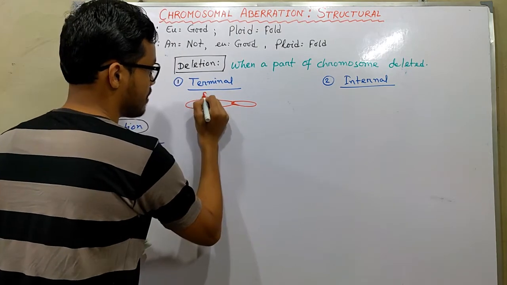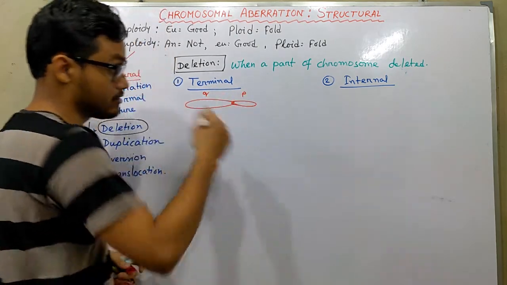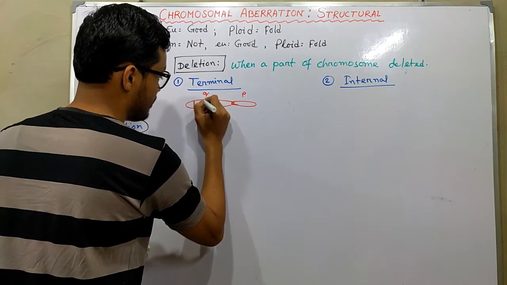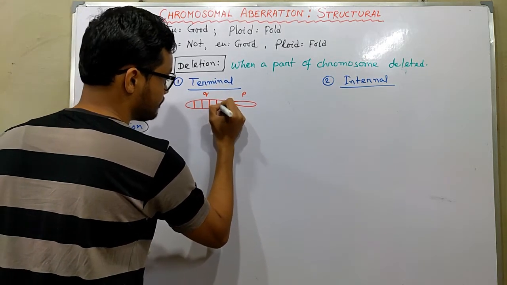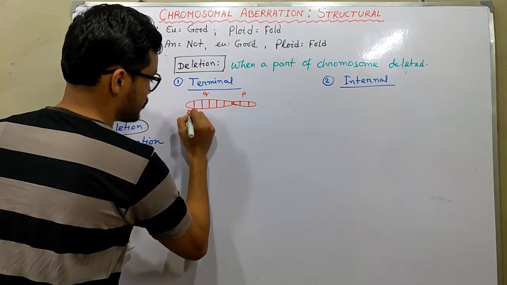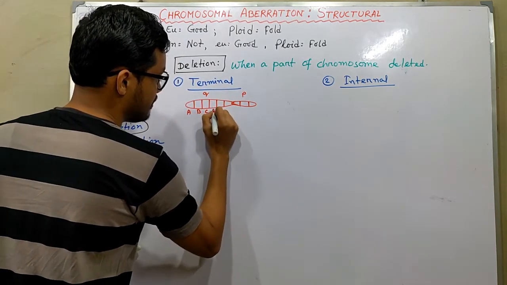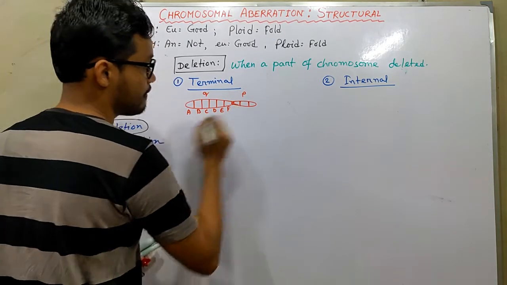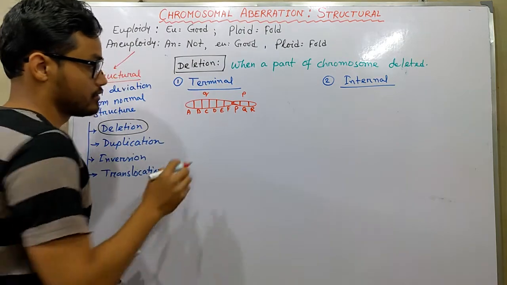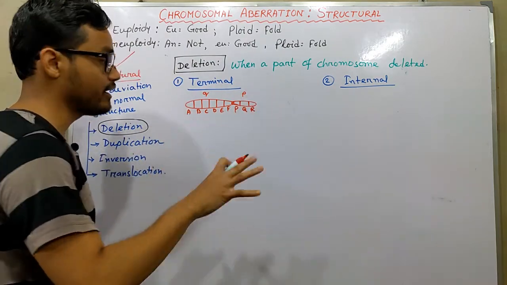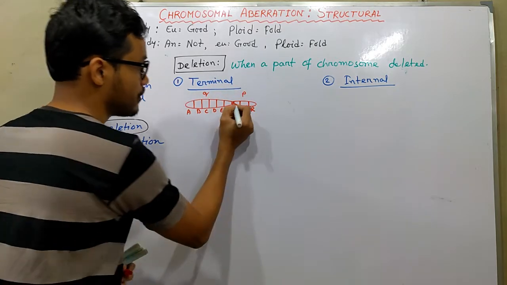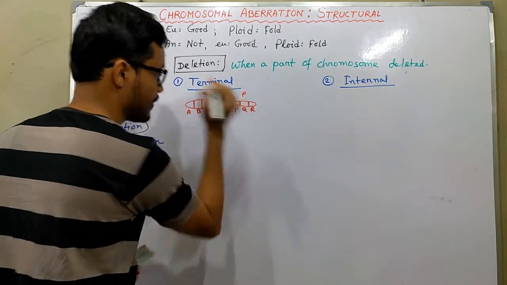One is the Q arm, the long arm, and the other is the P arm, the short arm. If we divide the chromosome into certain portions, this portion is A, B, C, D, E, F, and P, Q, R. This is the easy way to understand the structural portion of the chromosome. This is the centromere.